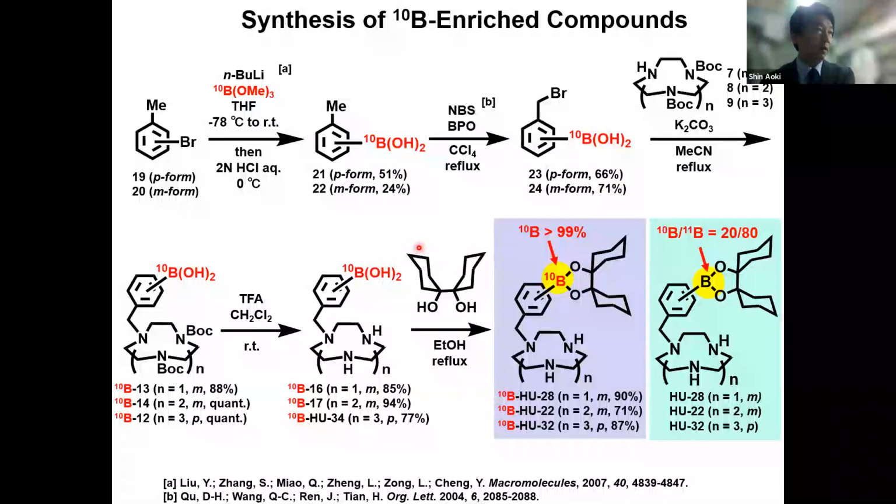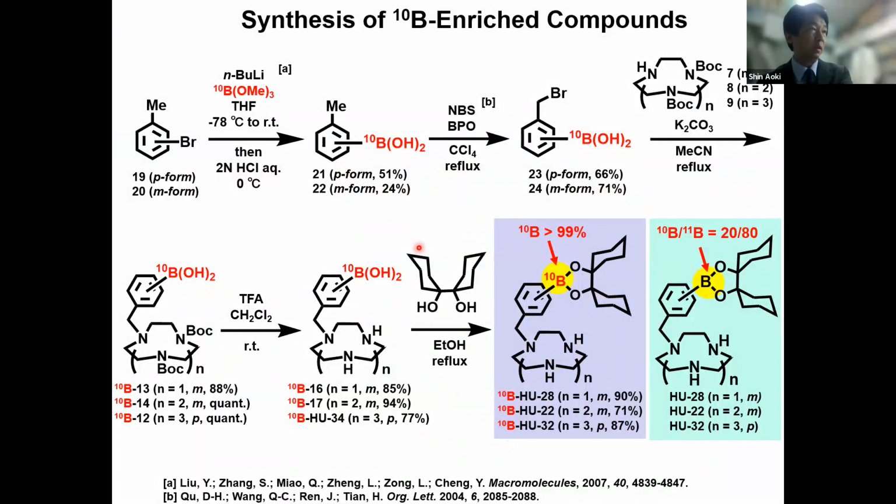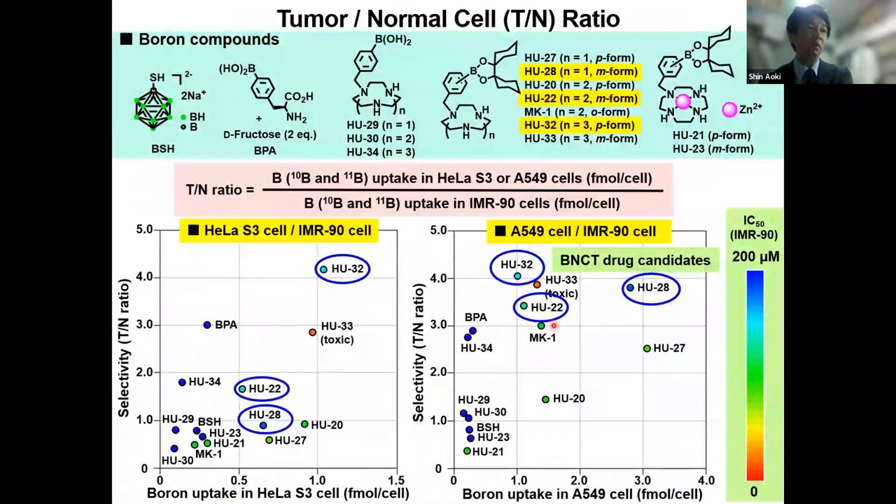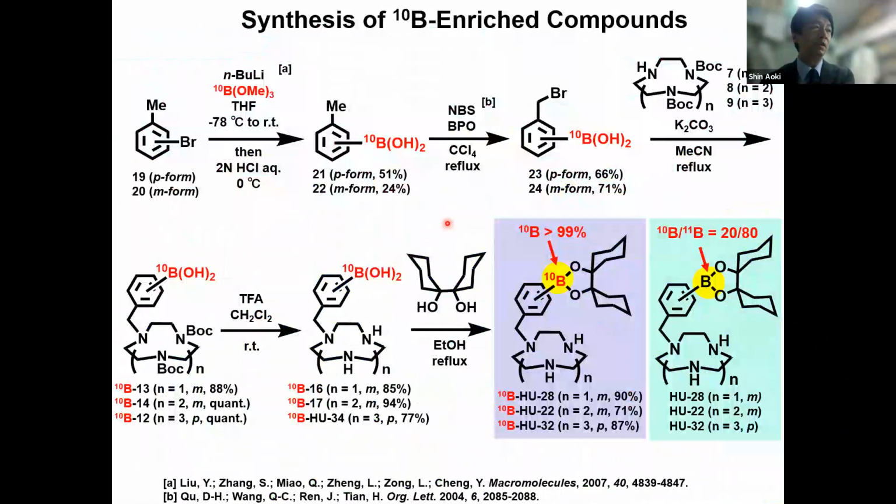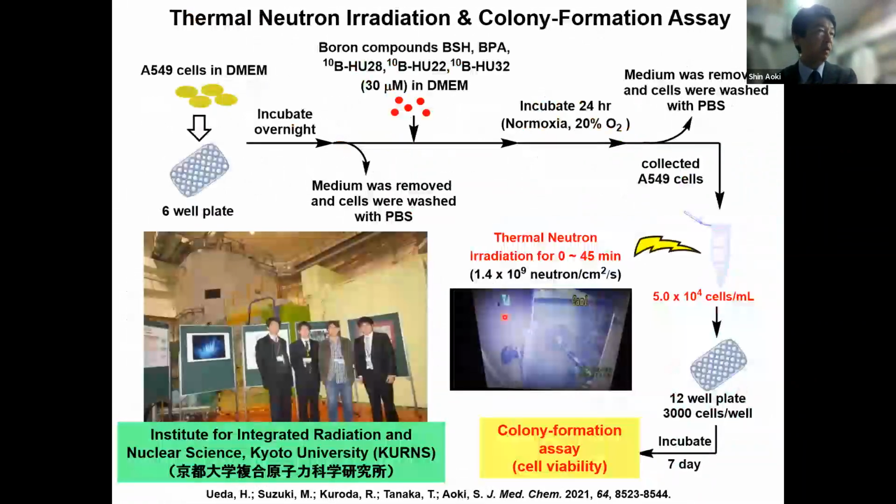So far, the boron compounds were synthesized as cold compounds, including boron-10 and boron-11 in the natural abundance ratio. But after the selection of these 3 compounds, we have synthesized the corresponding B10-enriched compounds, B10 Hu28, B10 Hu22, and B10 Hu32, and the corresponding zinc complexes.